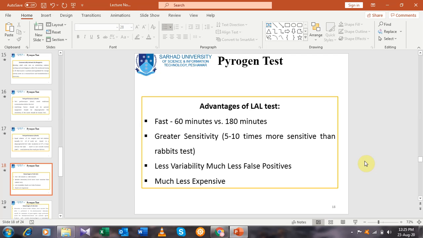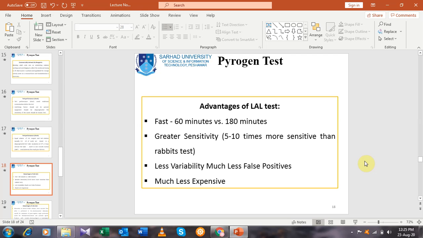That is the indication of the test, and this test is fast as compared to the first test, the rabbit test. In the rabbit test 3 hours were given for the testing, but here 60 minutes, or an hour, is given to perform this test.